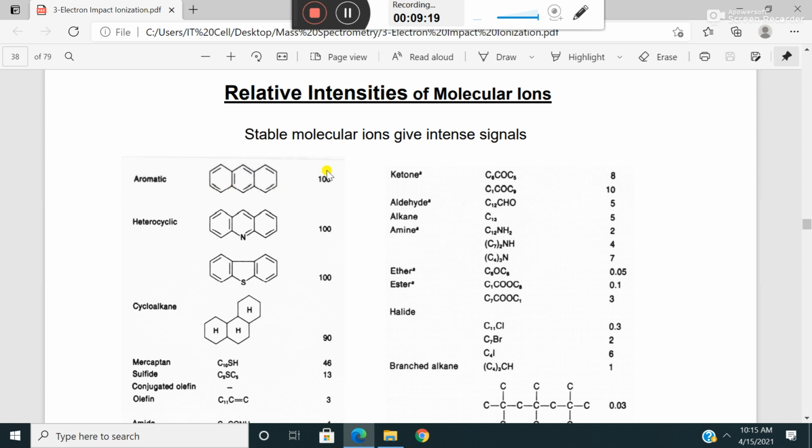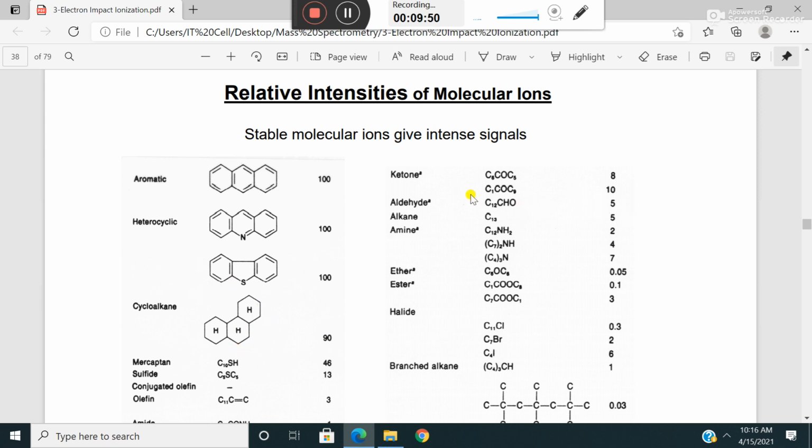That's why the relative abundance of the molecular ion peak would be 100%. Similarly, if we are dealing with this compound, the molecular ion peak would be the base peak because it is highly stable. If you are dealing with this one, the relative abundance could be 90%, and still it will be the base peak because 90 is the major peak, as this is more stable.